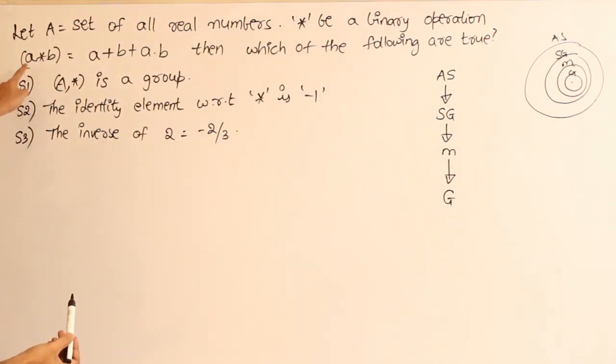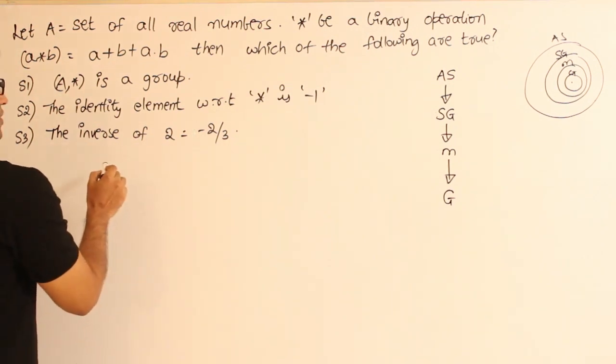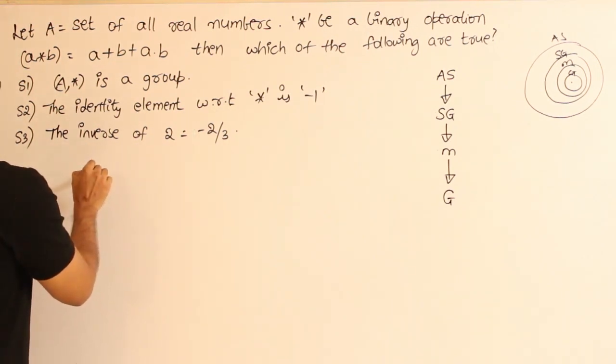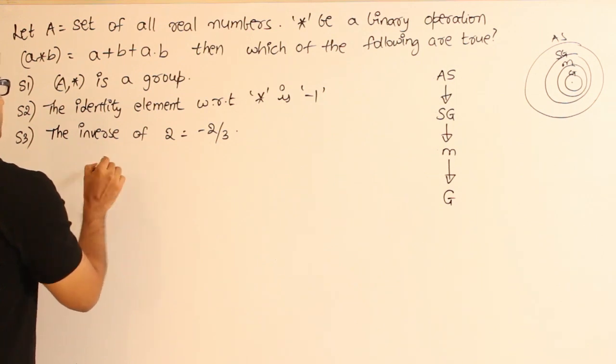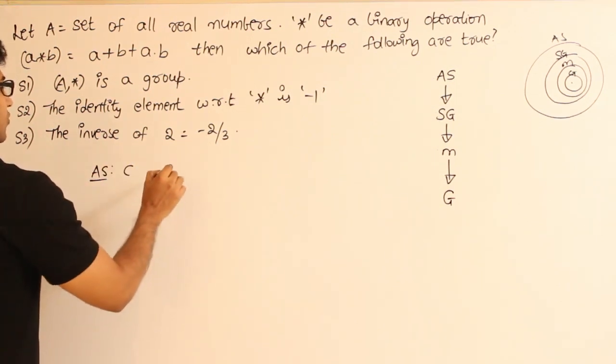Now let's see this. So they are saying that a star b is defined like this. Then we should say whether it is semi group or not. Now first one is algebraic structure or not. In order to test whether it is algebraic structure or not, the property that we should test is closure. So what does it mean?